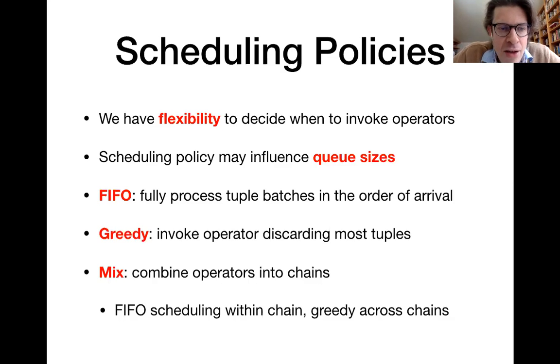For instance, you can group your operators in the system and then use a greedy strategy to decide which group to invoke next, but within the operators in the same group, we use the simpler FIFO strategy. So there are a couple of ways of mixing that. In the following, I'm going to illustrate the differences between FIFO and greedy scheduling by a little example.